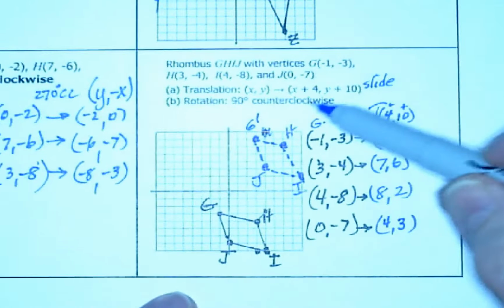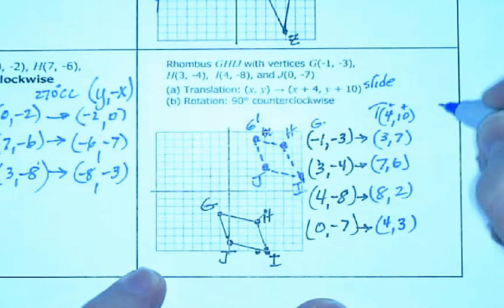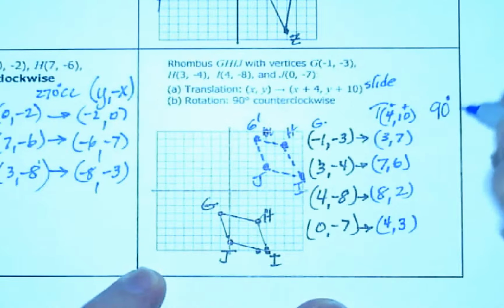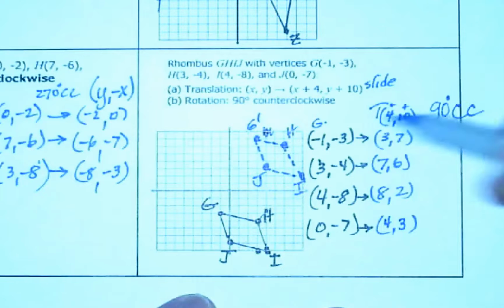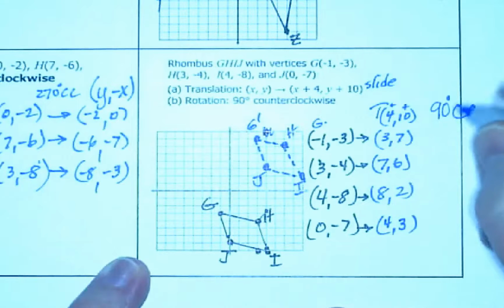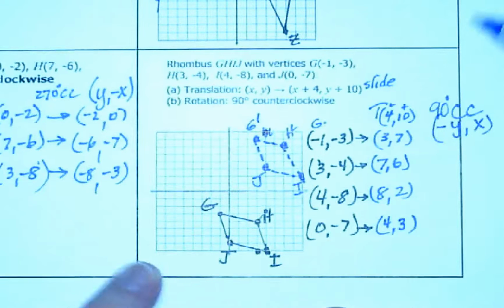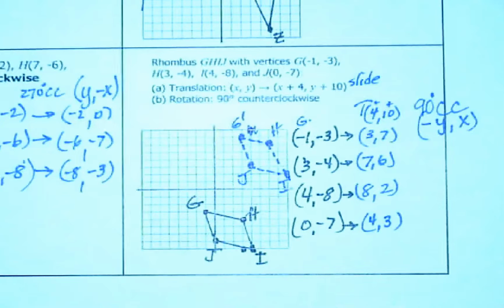Now my second step is to rotate it 90 degrees. So we're going to rotate it 90 degrees, always going to be counterclockwise for us. Okay, that rule for counterclockwise 90 degrees is (opposite y, x). Okay, you can look at the top of your paper, (opposite y, x).